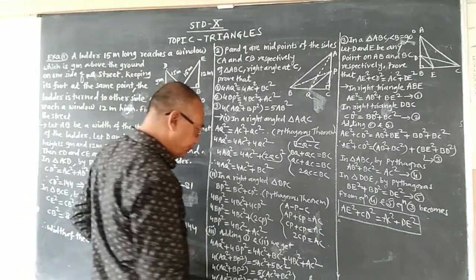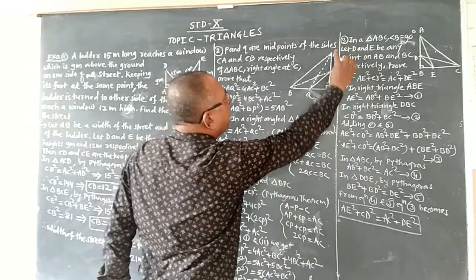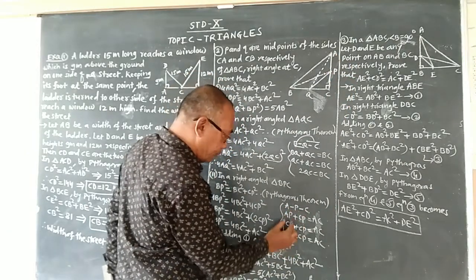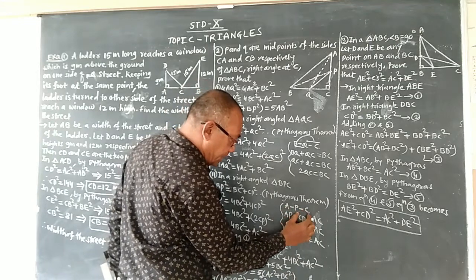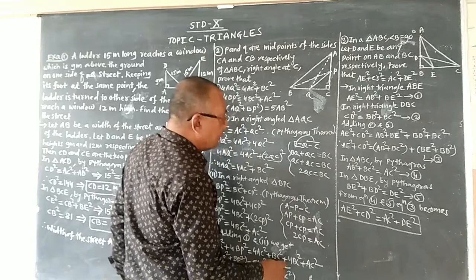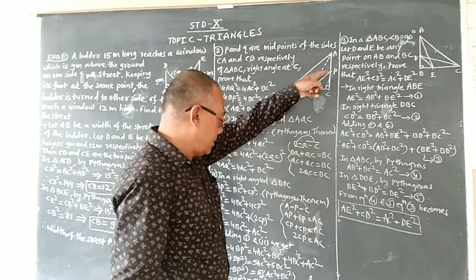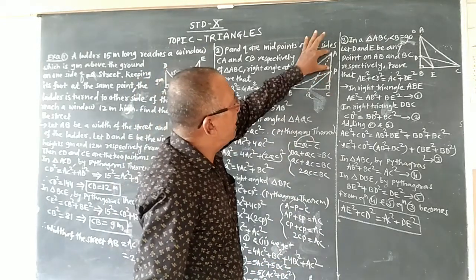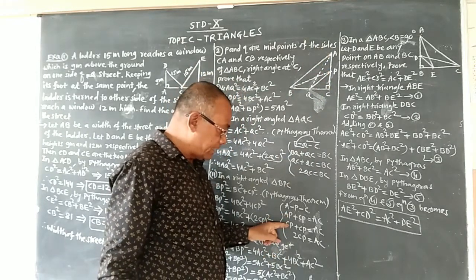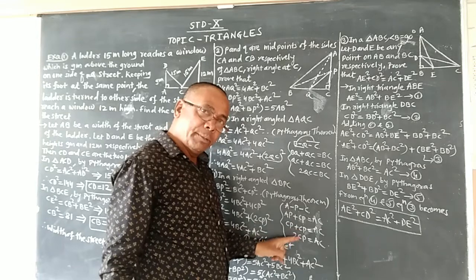Here we know that A between S, B between S, C, and therefore AP plus CP is equal to AC. Again we know that P is the midpoint of AC, so AP is equal to PC. Here removing AP, we will write here CP plus CP, it will be 2CP.